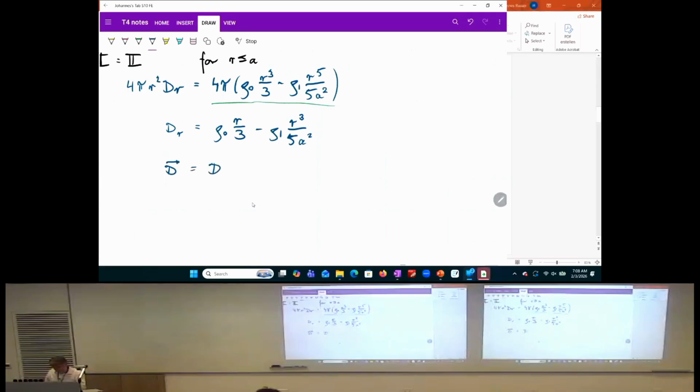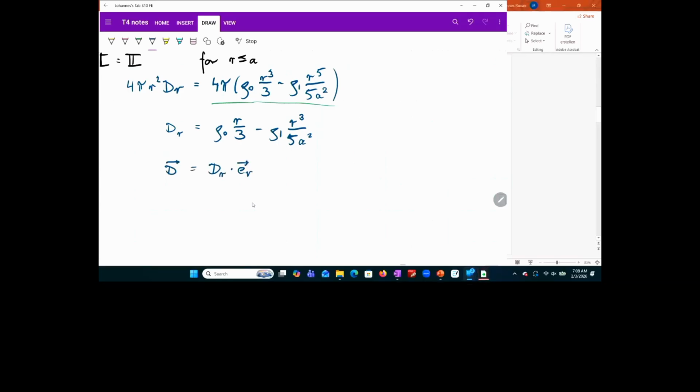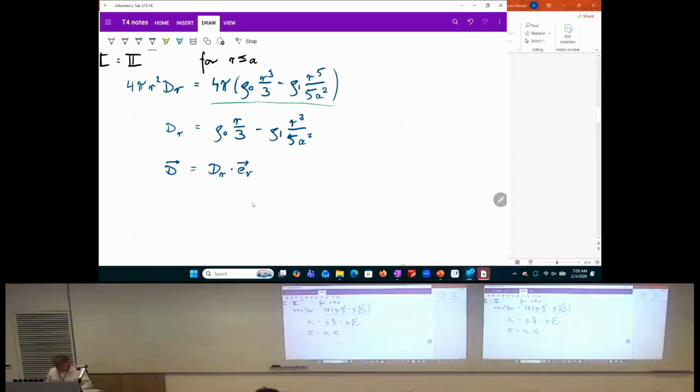It has a dr component. So this is our electric flux density. This is the magnitude as a function of R, and this is the direction. That is for any radius smaller or equal to A.